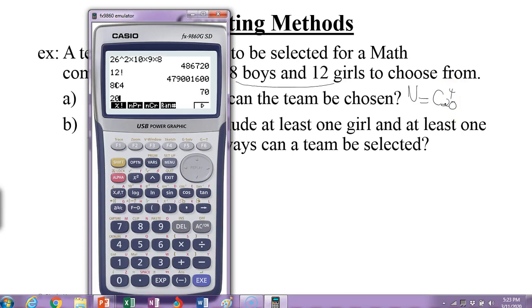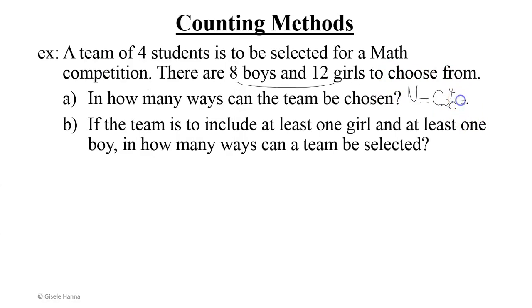So that would in fact be 20 C 4, is that 4? Yes. So that's 4,845, so it's 48, 45. So 4 students out of 20 students can be chosen by 4,845 ways.